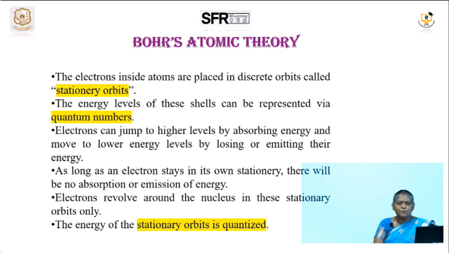Electrons can jump from the lower energy levels to higher energy levels by absorbing energy and move to lower energy levels by losing or emitting their energy. As long as the electron stays in its own stationary orbit, there will be no absorption or emission of energy. Electrons revolve around the nucleus in these stationary orbits only. The energy of the stationary orbits is quantized.